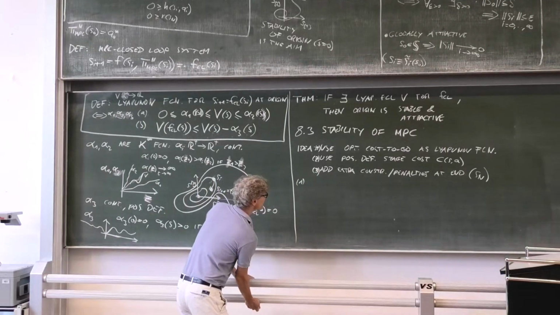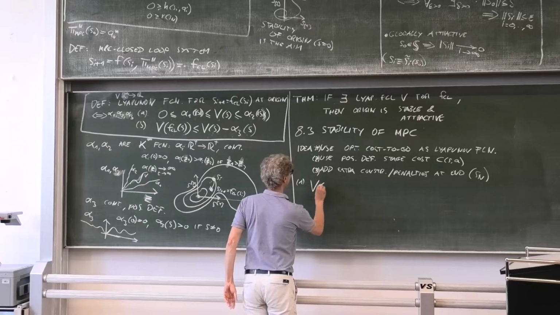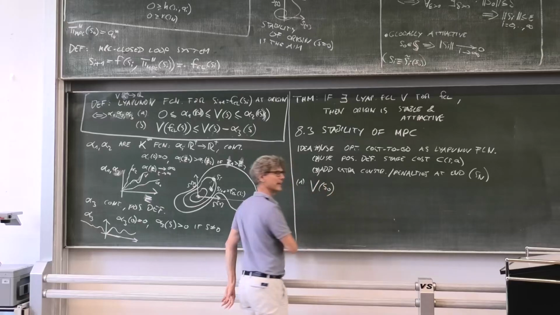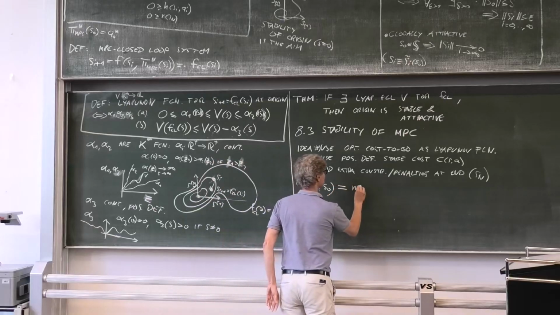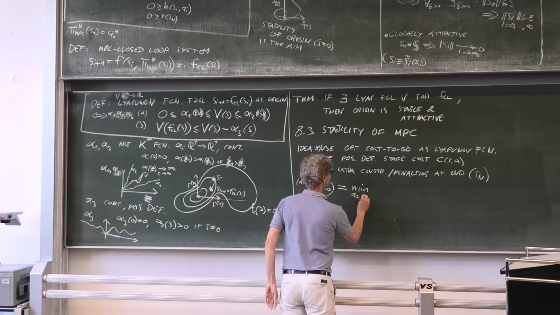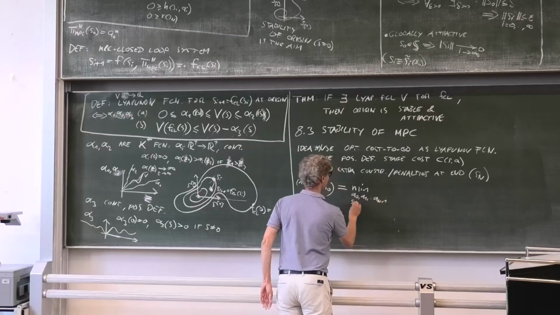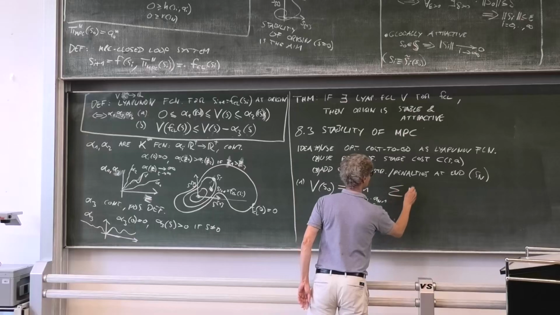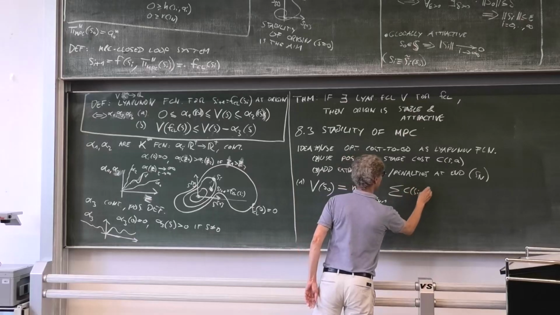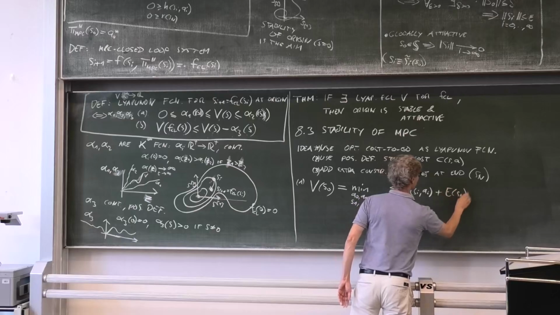So the idea is actually to just take V of s_0, I call it, the minimizing function of this problem. Min over a_0, a_1 up to a_{n-1}, s_1 up to s_n of the cost sum of C(s_i, a_i) plus E(s_n).